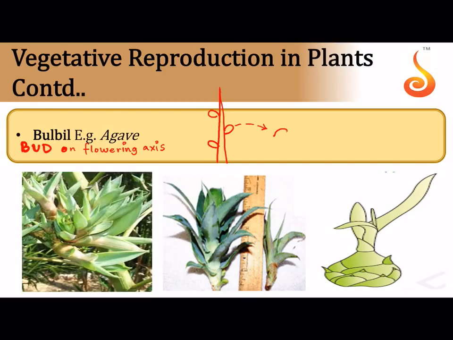And if this bud gets cut off, it can give rise to a new plant. So these buds which develop on, see how these buds look like. This is the textbook diagram. And this is how the bulbil actually looks like. These are the buds which develop on the flowering axis. In case of agave, the name of the plant is agave or agave, however you would like to pronounce it.